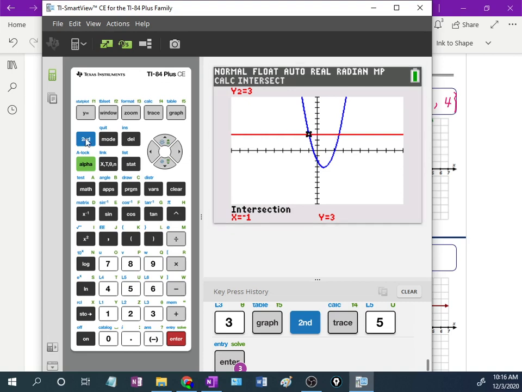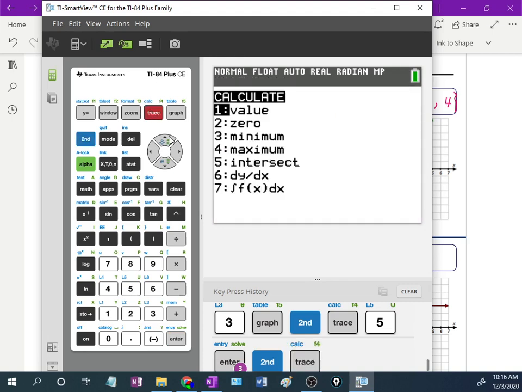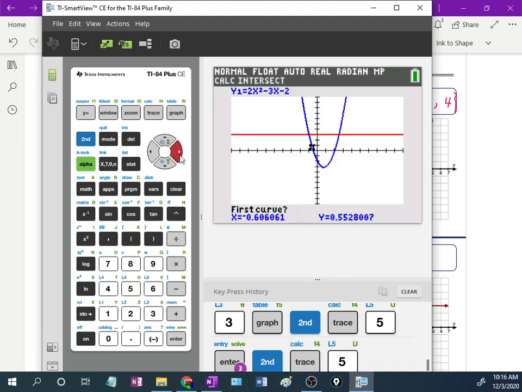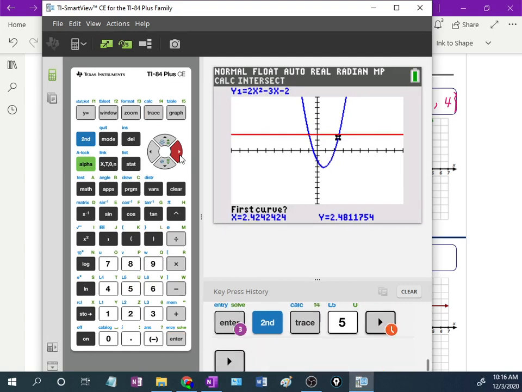So let's repeat one more time. Second calculations, number 5, intersect. Find the intersect, and let me move it to the right. Is this your first curve? Yes. And then choose the second one, near there. Is this your second curve? Yes. And then guess, and then the calculator will find the closer one near there.